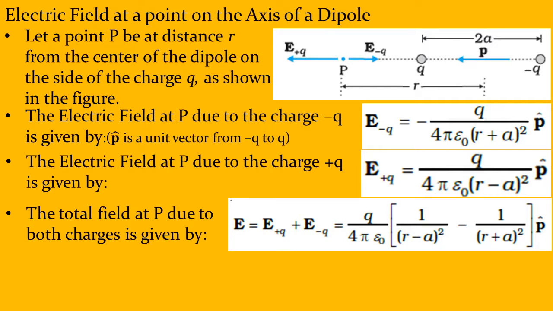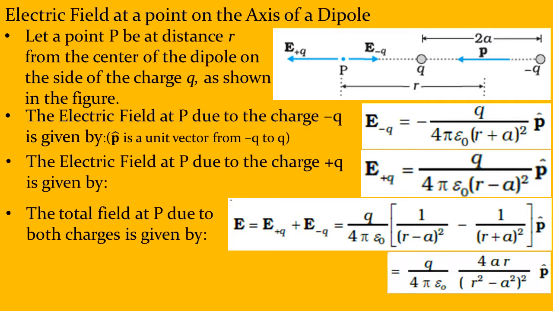The total field at P due to both these charges is an algebraic sum. So what is it? It is E equal to E plus Q, that is due to the charge plus Q, and E due to the minus Q. And in both these expressions, I have got Q by 4 pi epsilon naught common, so I take it out.